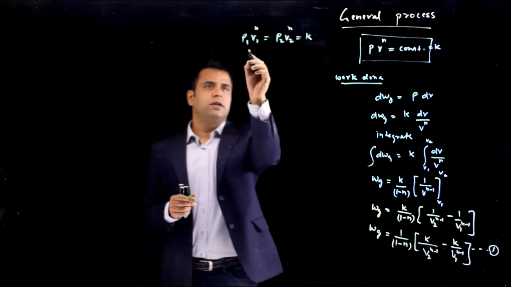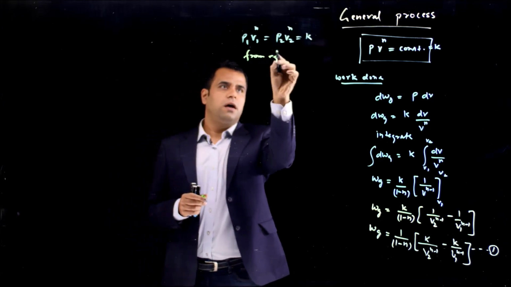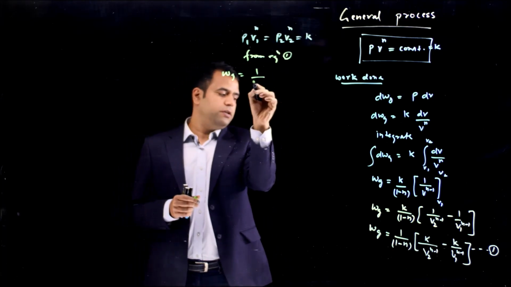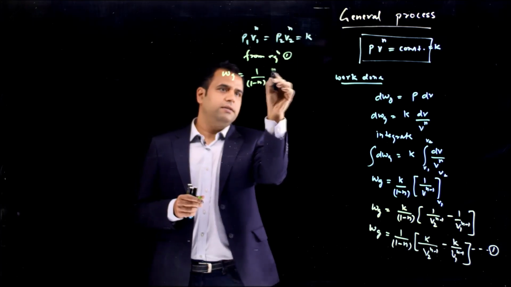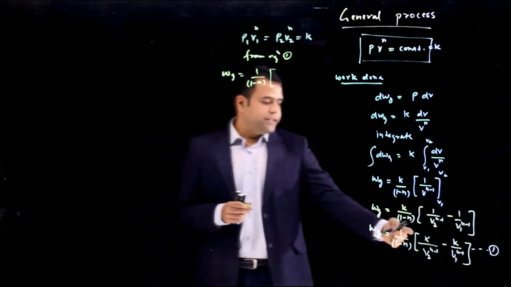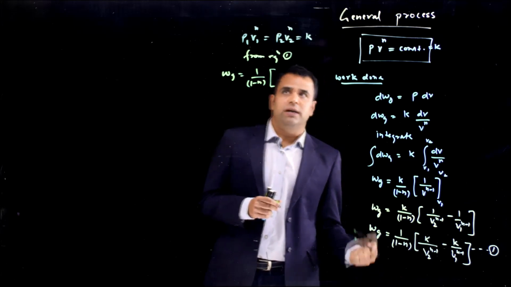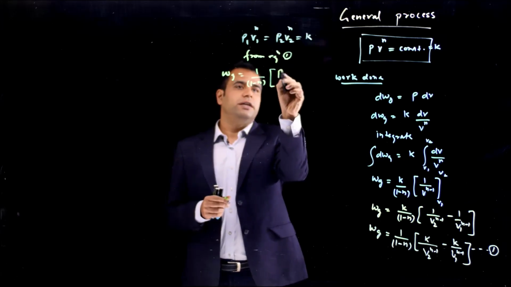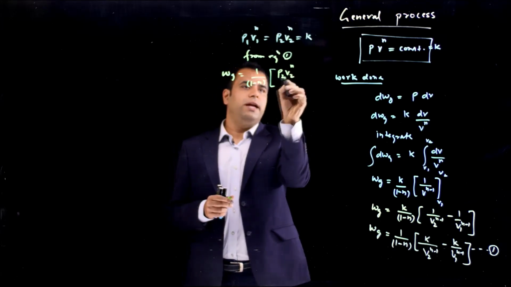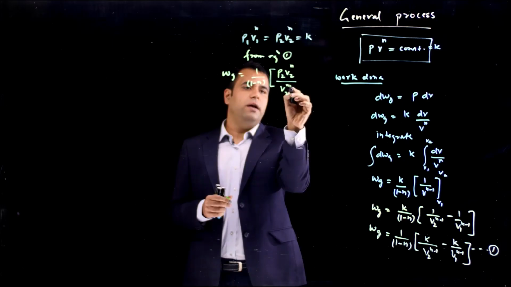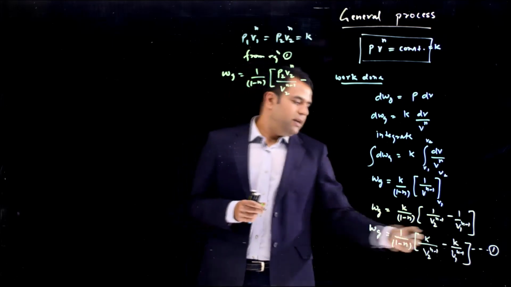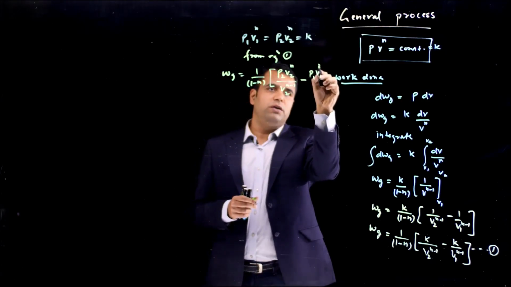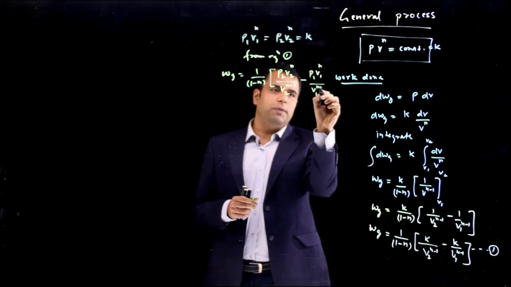So from equation 1, I'll have Wg equals 1 upon 1 minus n. Here you see this K upon V^(n-1). At this point, for the value of K, I'll put P2 V2^n, divided by V2^(n-1), minus, and for this K I'll replace P1 V1^n, divided by V1^(n-1).